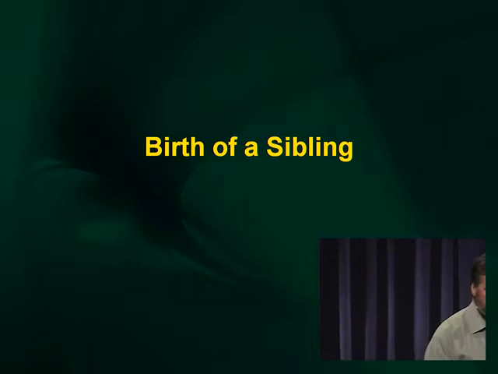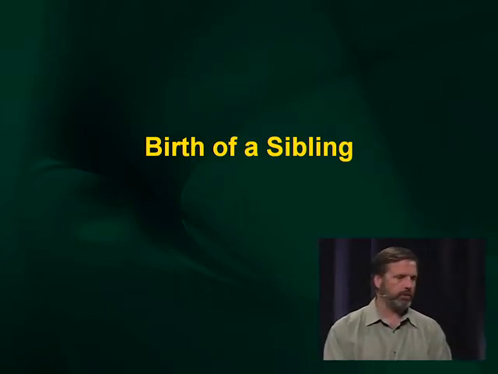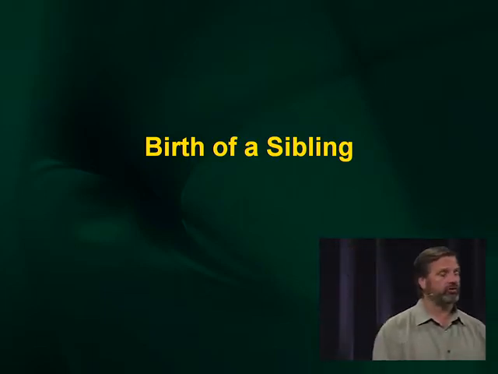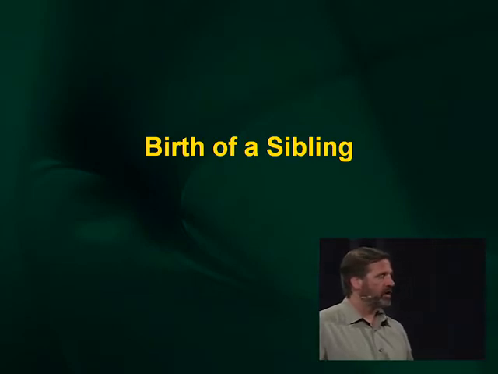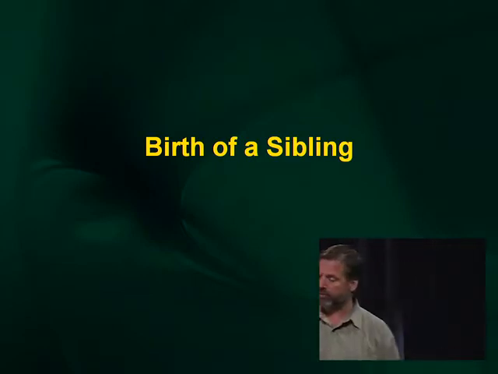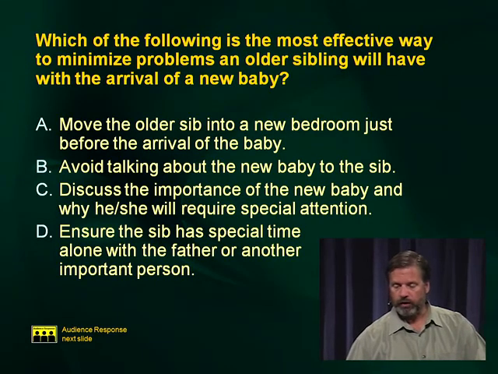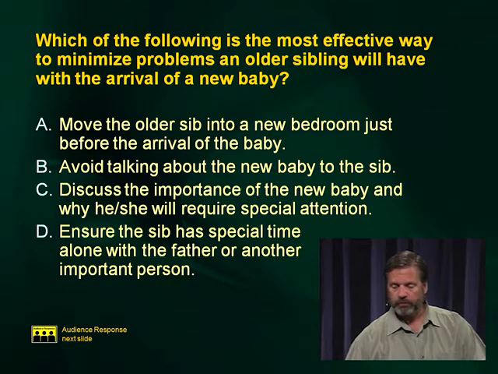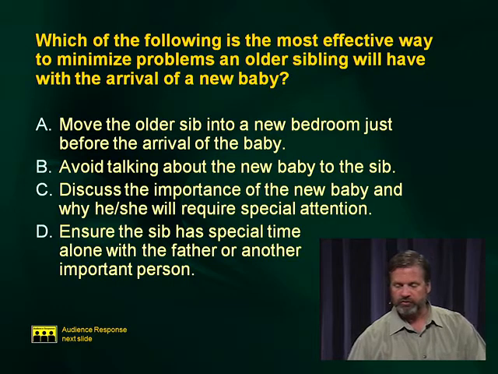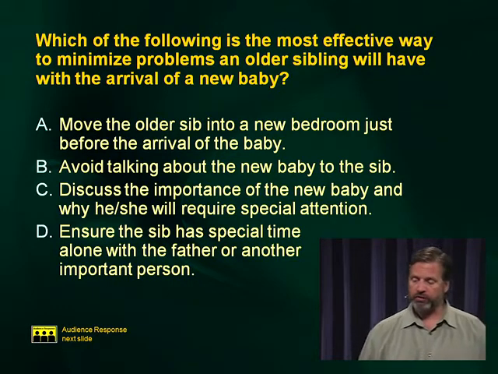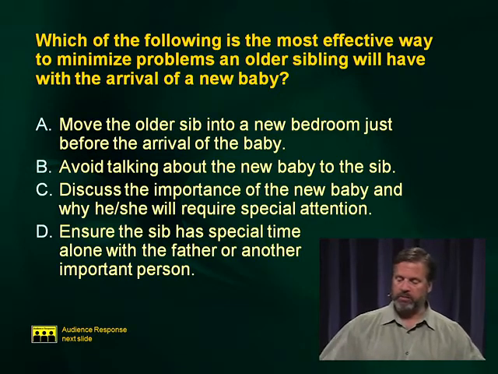All right, we're going to make a transition now to some of the more socially based issues that come up in general pediatrics. I'm going to try to cover the more common of those. So the first is the birth of a sibling, and we're going to start with a question. And this will hopefully be easy for you general pediatricians out there, or even you parents. Which of the following is the most effective way to minimize problems an older sibling will have with the arrival of a new baby?